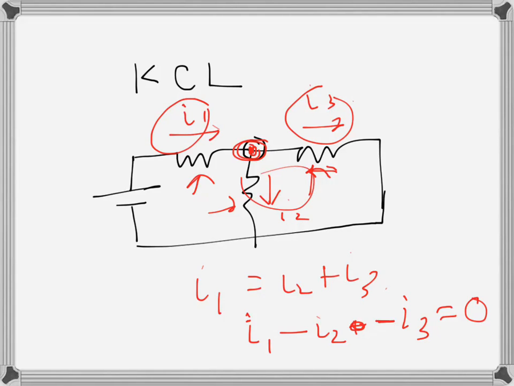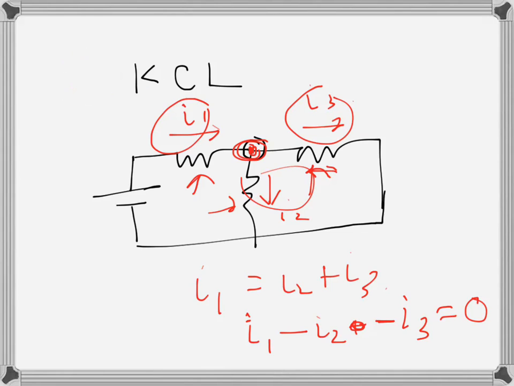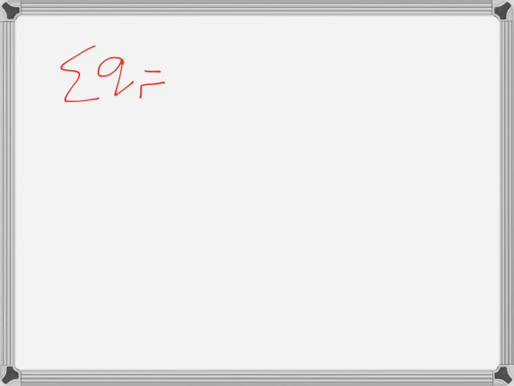And it comes from the conservation of charge, because whatever charge is coming here, the total charge has to be the same. So basically Q is given by I T, we know.